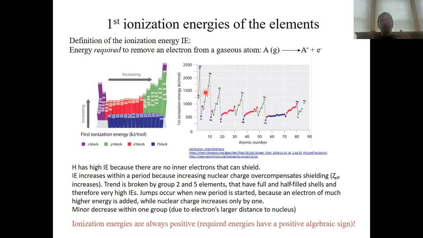So our electrons have a higher energy, and for that reason, we can remove an electron more easily. Okay, so for that reason, the ionization energy decreases as we go from a group 15 to a group 16 element within the same period.